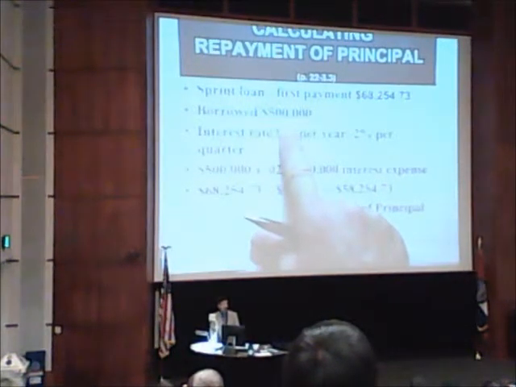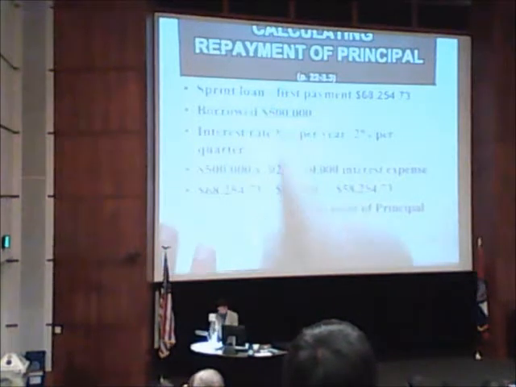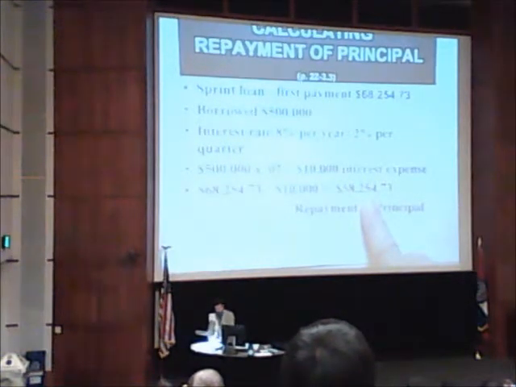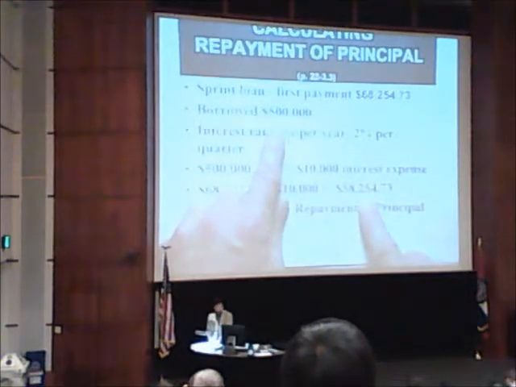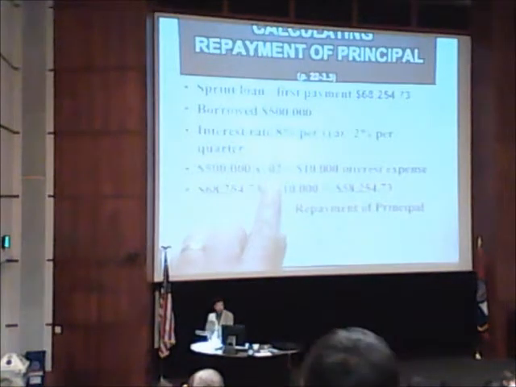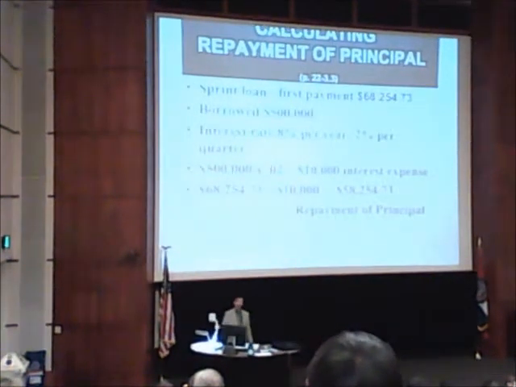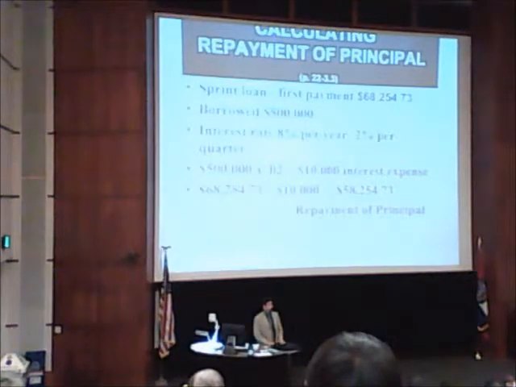But we don't owe that anymore after the first payment. Because of the first payment, this was paying off some of the $500,000. We only owe now $441,000 and some change. So you're saying that to find the interest expense of the second payment, take the new amount owed, $441,000 and some change, multiply that by 2%, get the interest portion of the second payment. Very good. Any questions about that?